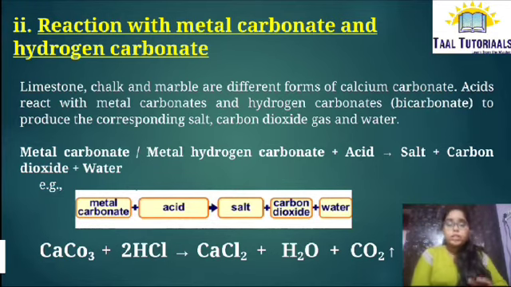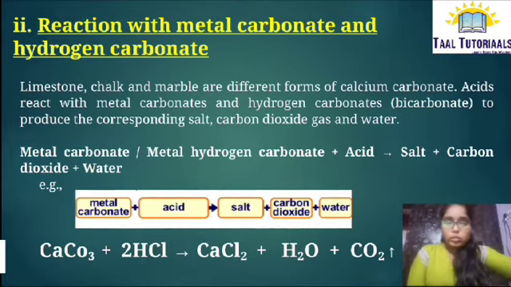Okay. There is an example: calcium carbonate plus hydrochloric acid gives calcium chloride, water and carbon dioxide. See, calcium chloride is a salt. Calcium carbonate is a metal carbonate. So, the products are calcium chloride, water and carbon dioxide.